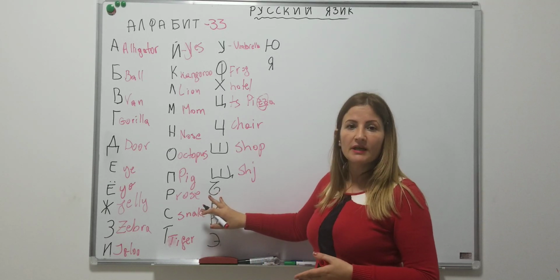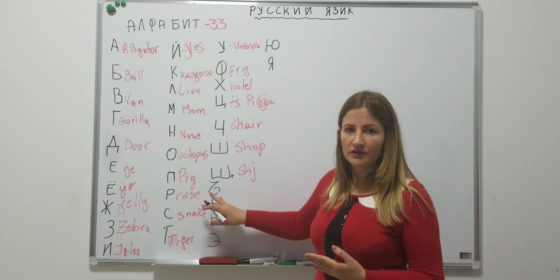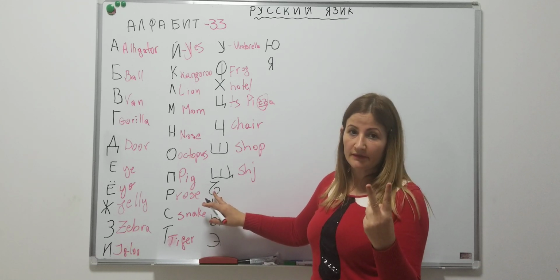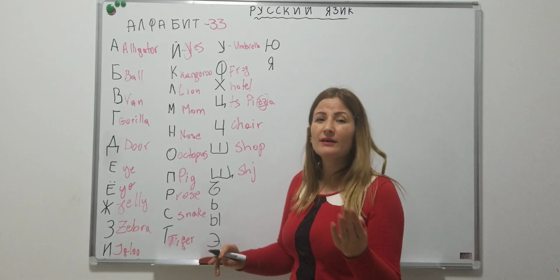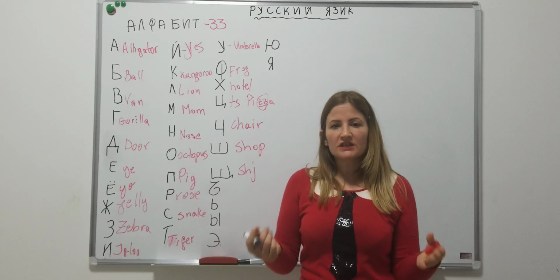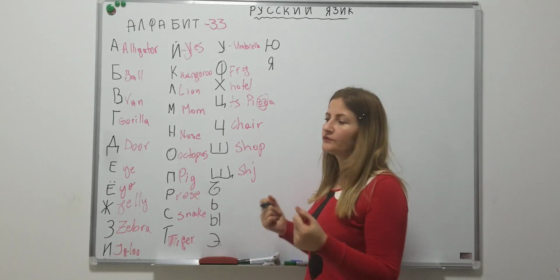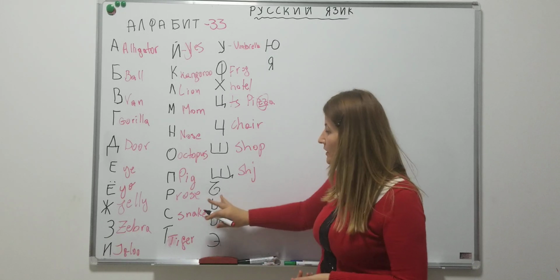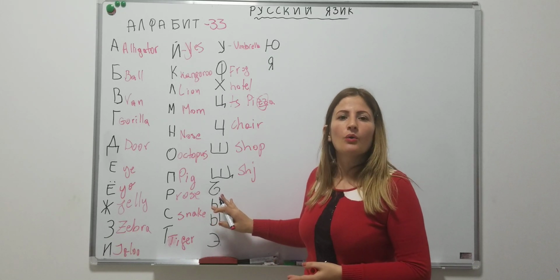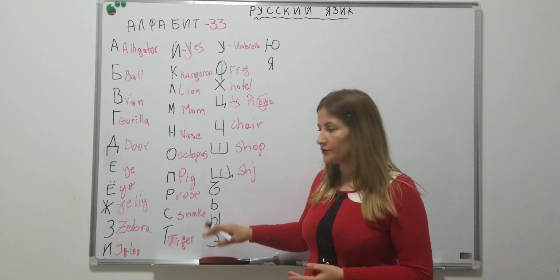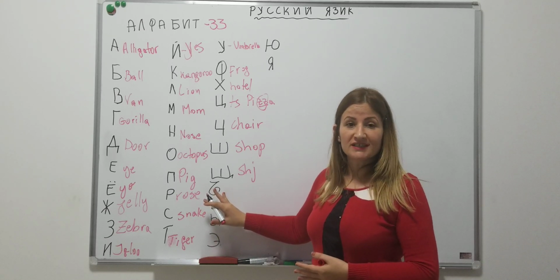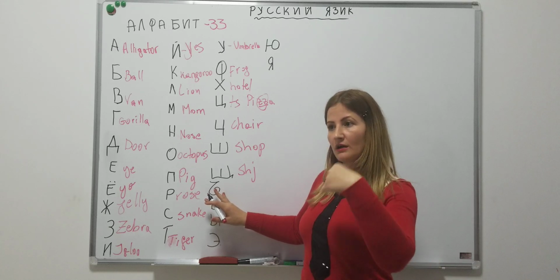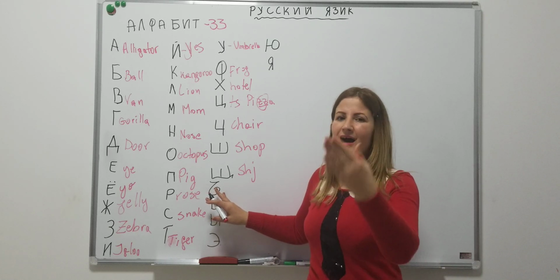This letter actually doesn't have a sound. There are two letters which do not have a sound in Russian, but they have a function. Their function is to soften or to harden the sound of the word. For example, they are put in the middle or at the end of the word. This is called tverdiy znak, which means it makes the sound harder.